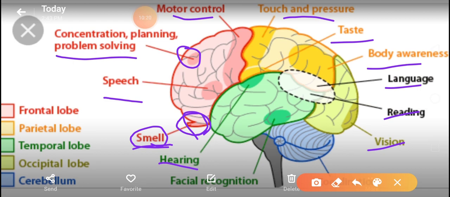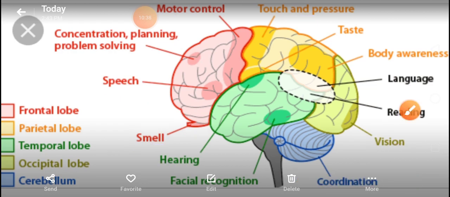Each and everything will have its specific centers where it will be bringing the information. Understood?